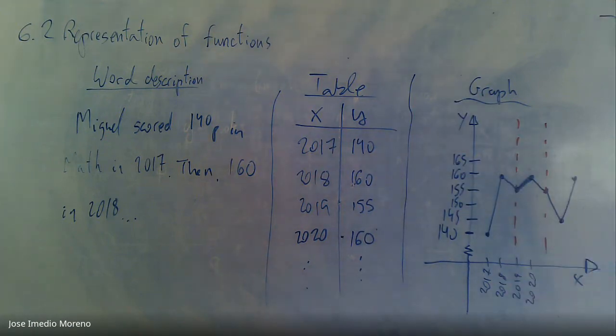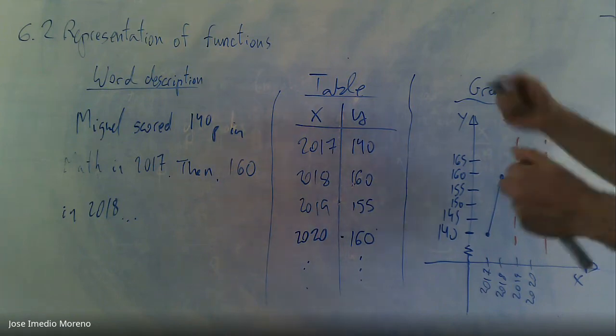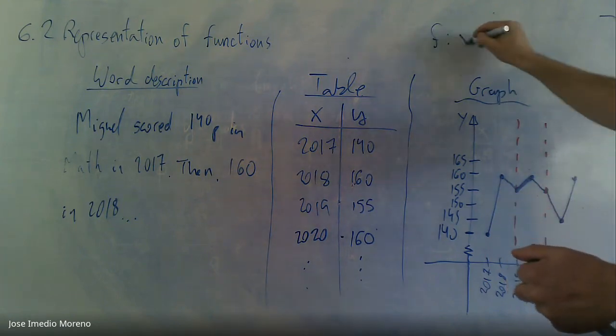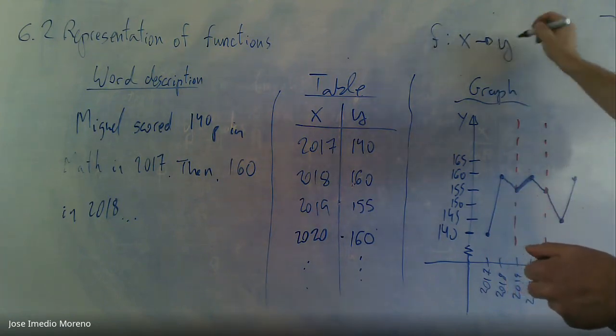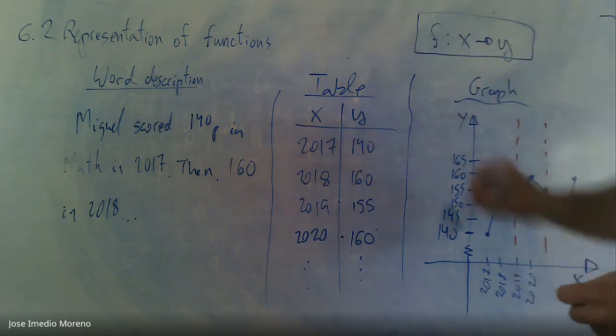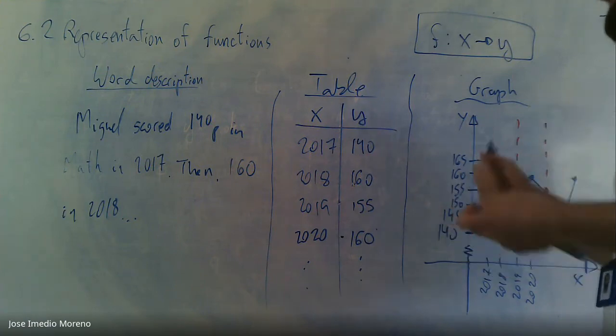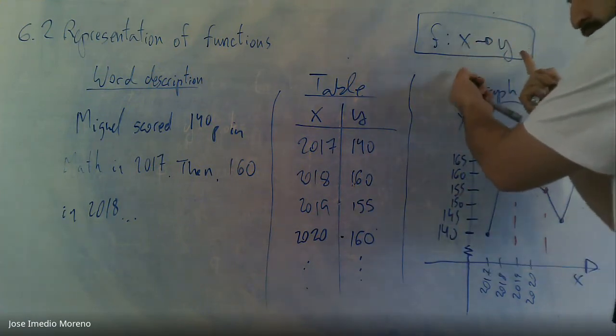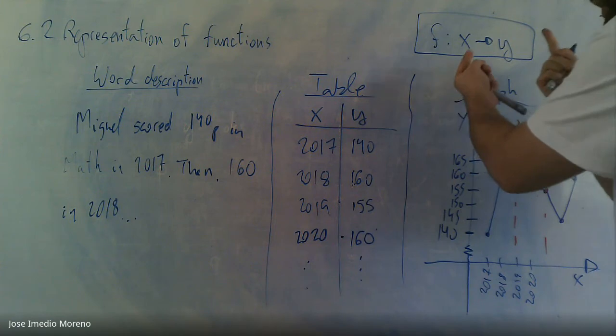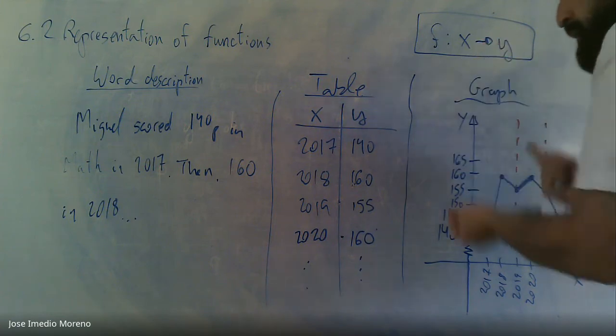And this is why we say that a function is a relationship between two variables, in this case x and y, but this is not an equal relationship. It's not a relationship which goes in both directions.